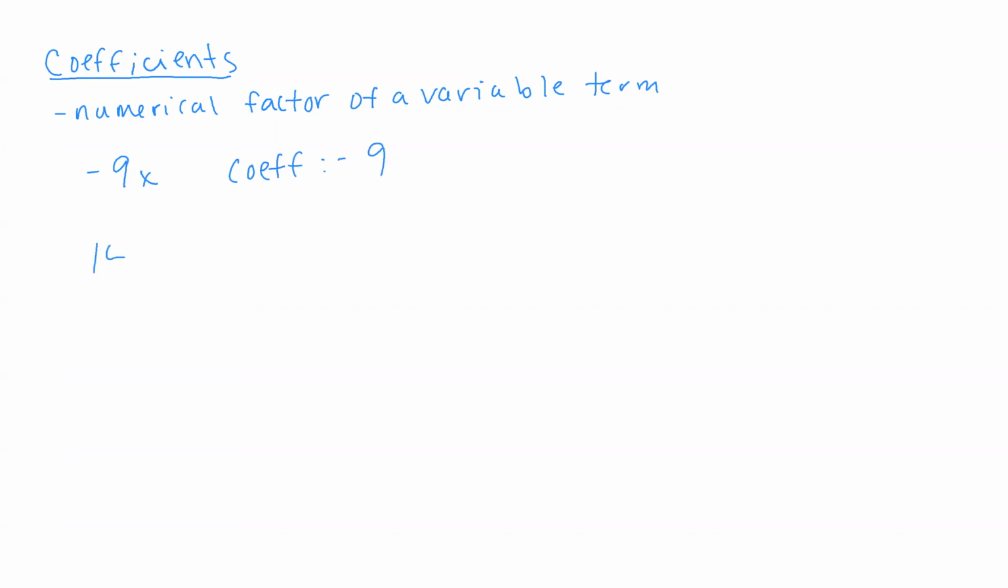I could have something like 14x to the third. The coefficient here would be 14. I could have something like negative y. The coefficient would just be negative 1. I could have something like 2/3 x. The coefficient would be 2/3. You could also have something kind of wacky, like let's say x over 5.